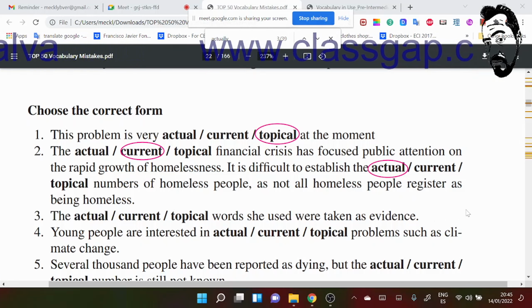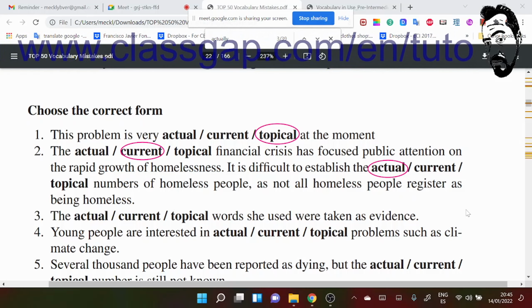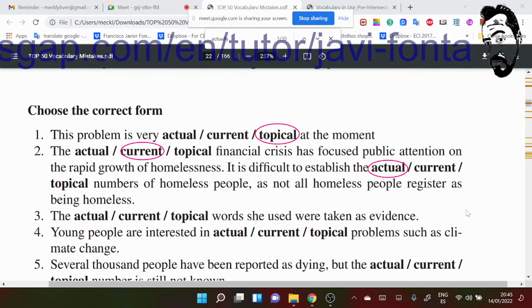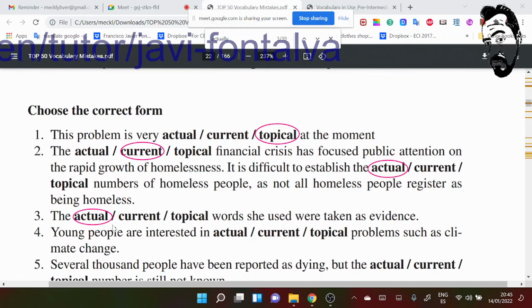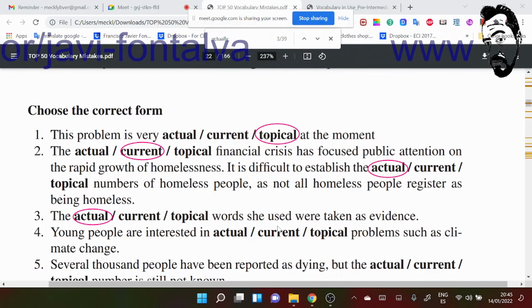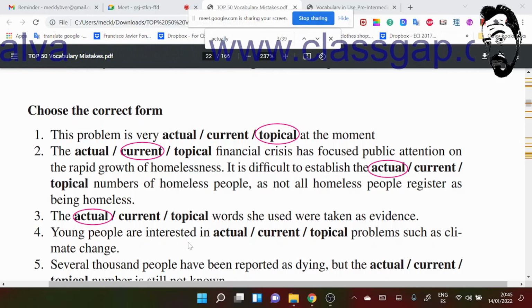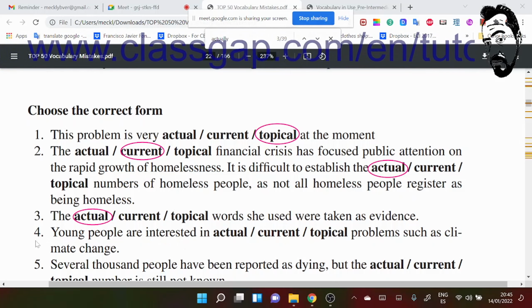Okay, number 3. The actual words she used were taken as evidence. Okay, used. Not "use it". Used. 1 syllable. Used.